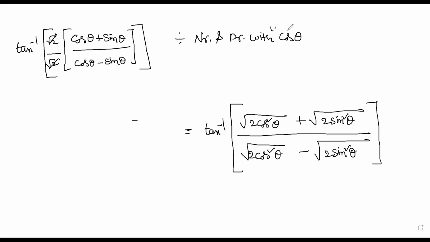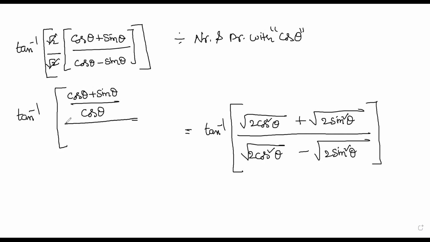So when you do that, you get tan inverse of cos theta plus sin theta, whole divided by cos theta, whole divided by cos theta minus sin theta divided by cos theta.